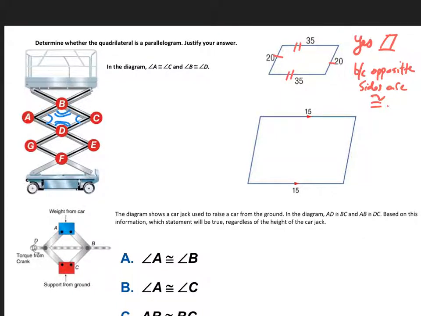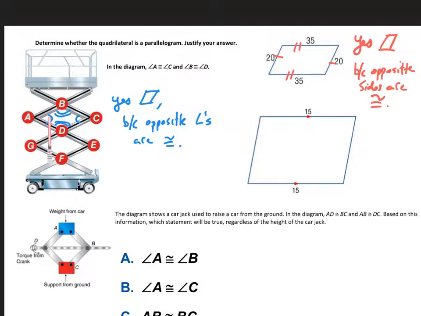So I know those two angles to be congruent, and then I'm going to say, yes, again, this is a parallelogram. Why is it a parallelogram? Because opposite angles are congruent. And more importantly, for both of the situations at hand, we have both pairs.